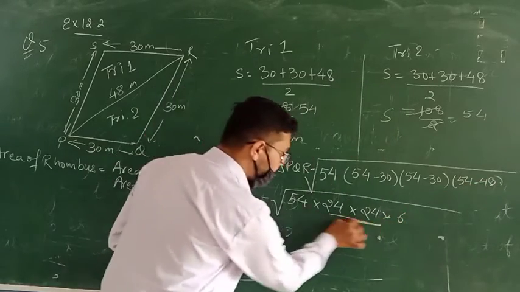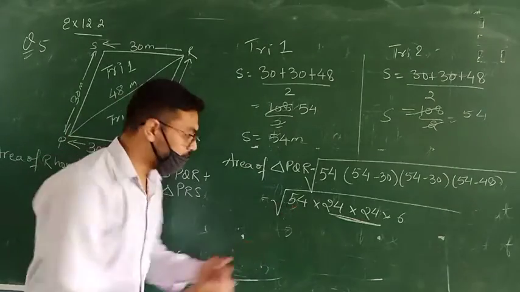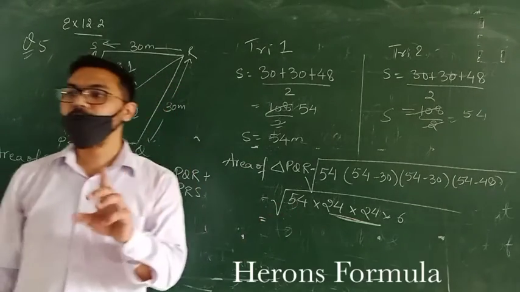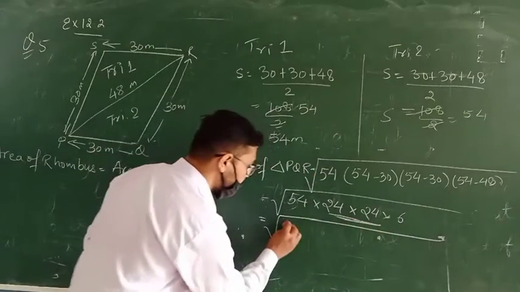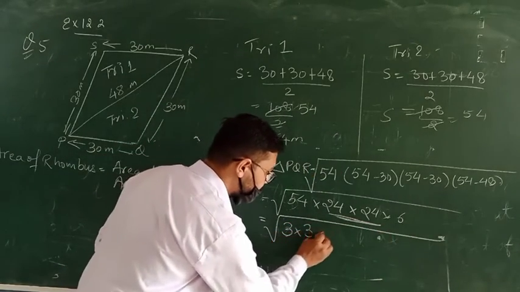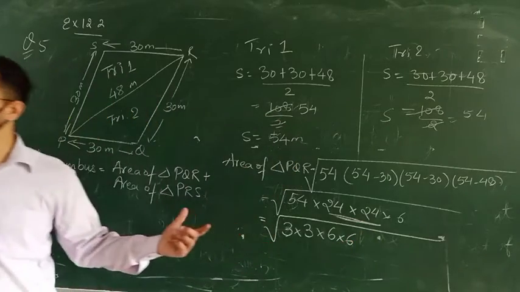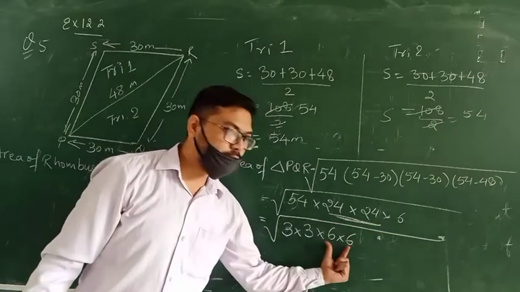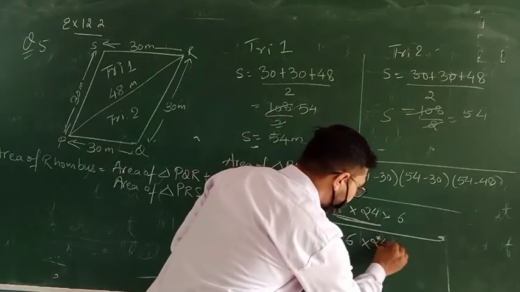Now I have a pair of 24. 54 can be written as 9 times 6, and 9 is 3 times 3. This 6 I am writing here to make a pair with another 6, multiplied by 24 into 24 as it is.